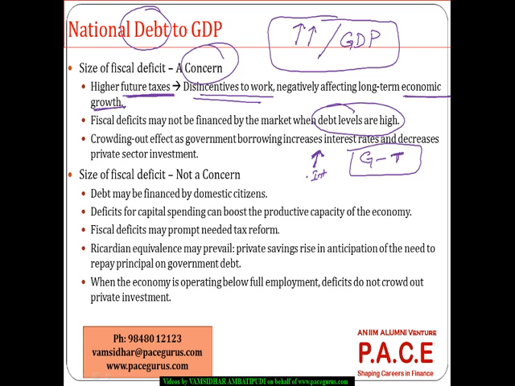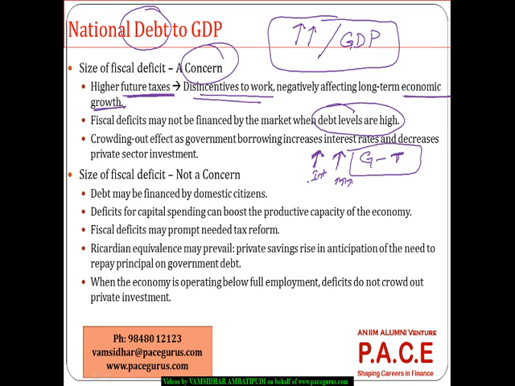Because more and more borrowing can happen at higher cost only. So it has to pay high interest. If the government borrowing itself carries a high interest, the private borrowings are riskier than government. So the private borrowing should offer even higher interest.